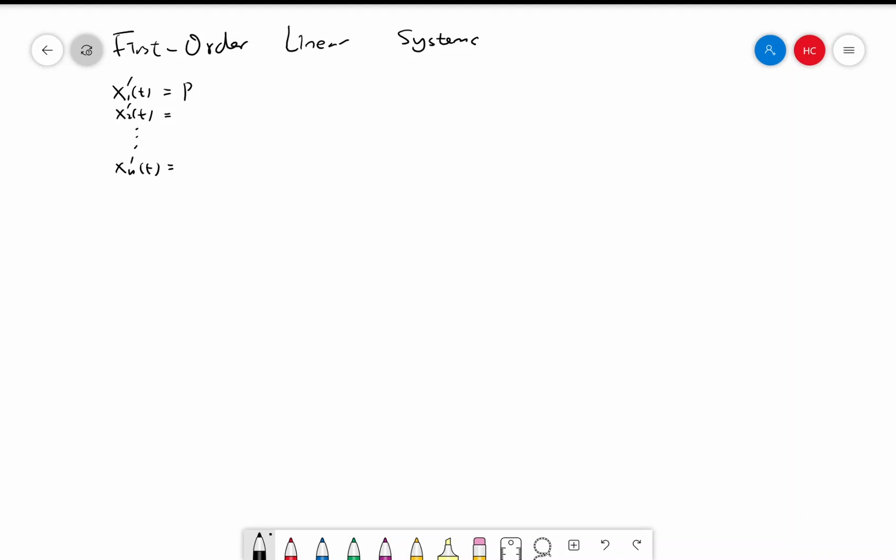So here we have the coefficient p11 of t times x1 of t plus p12 of t times x2 of t plus all the way to p1n of t times xn of t. And you also have the constant term, which is a function of t, f1 of t. The same thing for every single row.